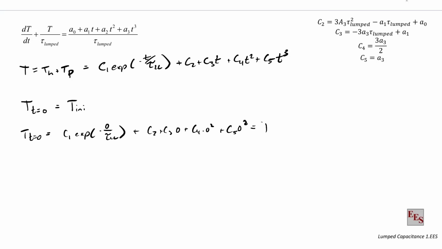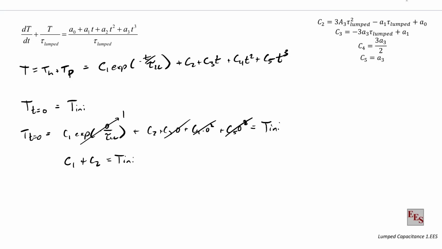And that has to equal T initial. Exponential of 0 is 1, and then these all go away. So we're just left with C1 plus C2 is equal to T initial.